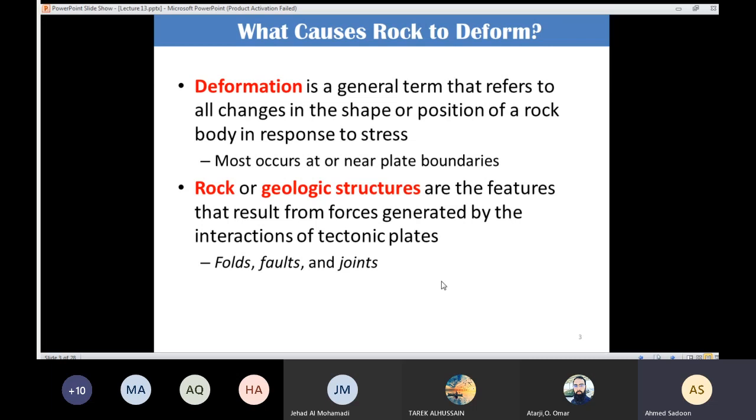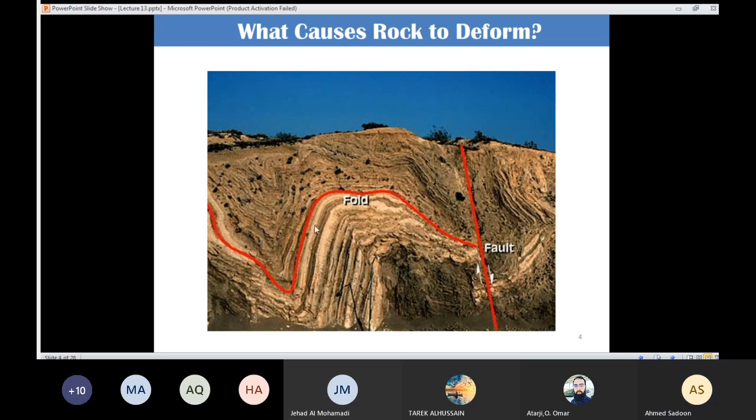And if you have something like that, here, as you can see, we have a group of rocks which clearly has been subjected to stresses.